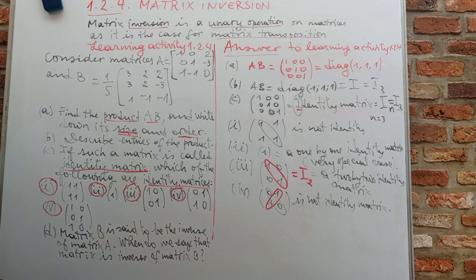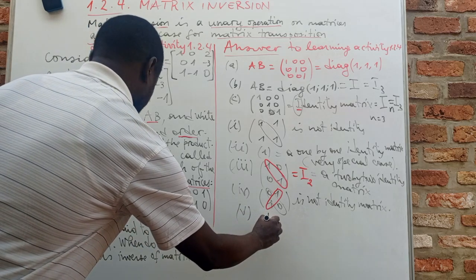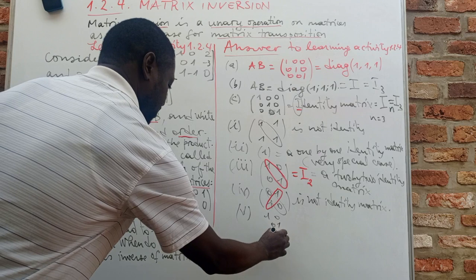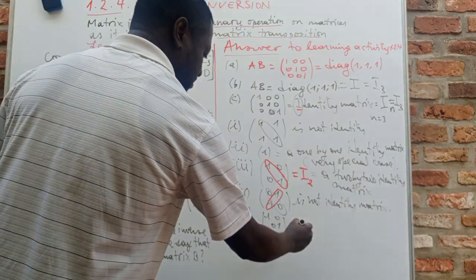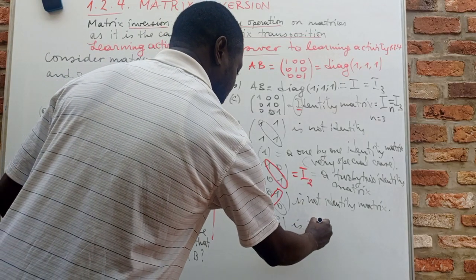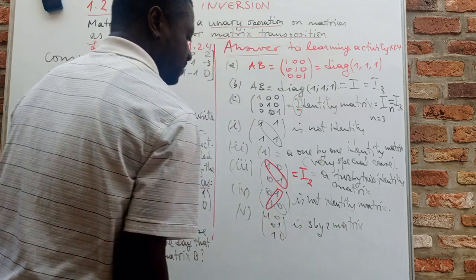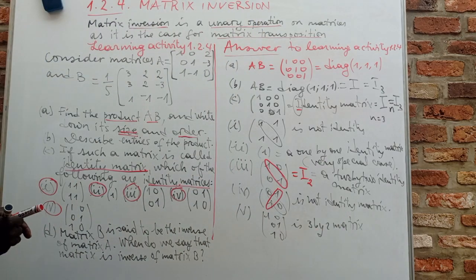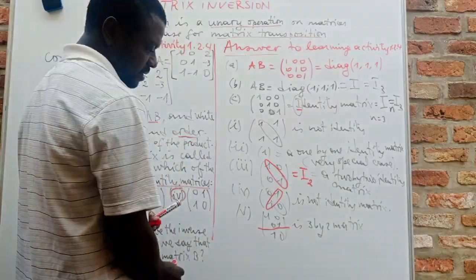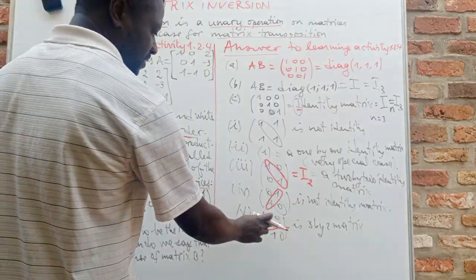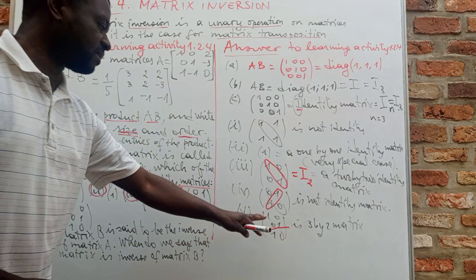Now number 5, we have 1 0, 0 1, 1 0. This is a 3 by 2 matrix. It could be an identity matrix if it were a square matrix, but this is not a square matrix.